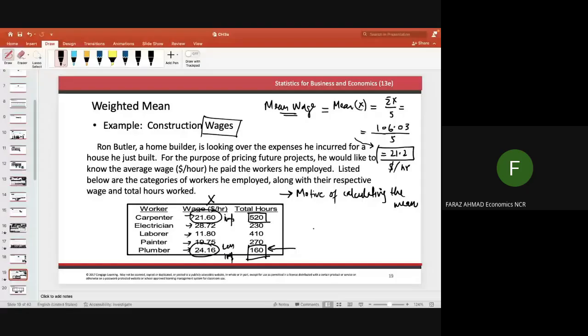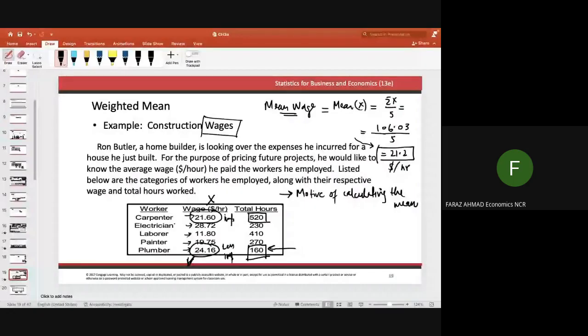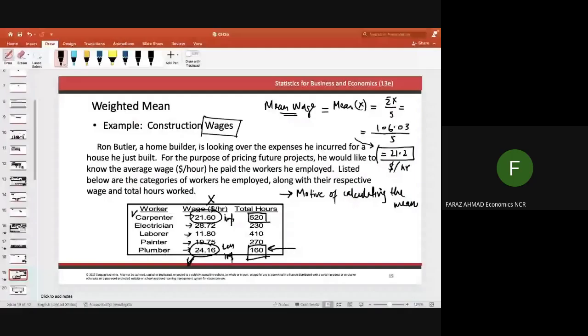So whatever mean wage I want to calculate, I don't want this plumber to be reflecting that much because this is not a true reflection of the worker's wage. I don't want 24.16 to reflect a lot, because this person will work fewer hours as compared to the carpenter. The carpenter is going to work for 520 hours. So most of the wages that I'm going to pay will be of this order, 21.6. So I want 21.6 to be reflecting more in my mean calculation, because I think this is more important, because this person will work for more hours.